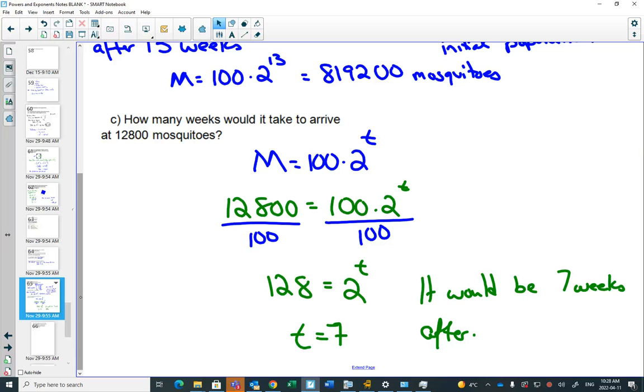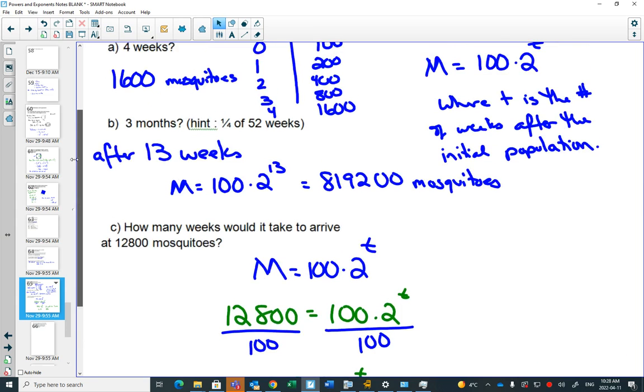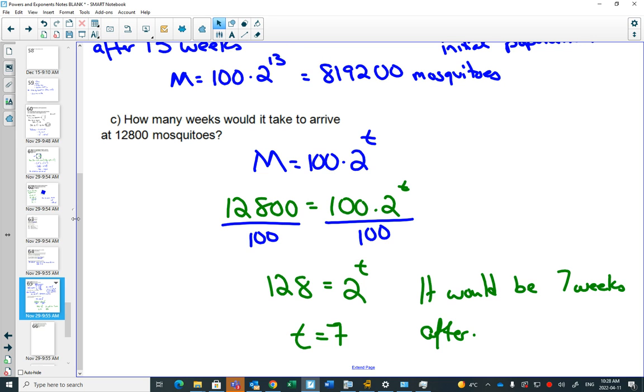Yes, you're going to lose a half mark for not including your units. Because time, the T in the formula, stands for the weeks after the initial population. And since it's a word problem, we need to write a statement in the end.